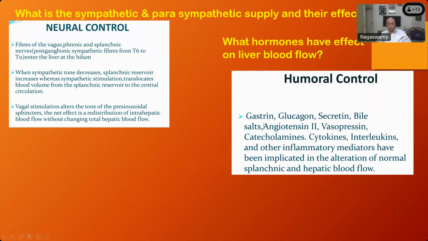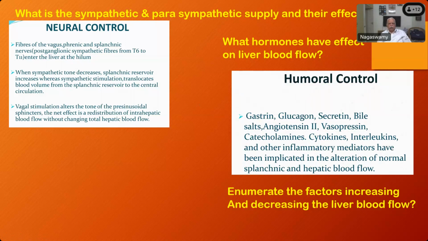So remember these hormones: gastrin, glucagon, secretin, bile salts, angiotensin 2, vasopressin, catecholamines, and cytokines and interleukins. All these things are the extrinsic control. They play a role mainly only in cases of emergency and not on a regular basis. The regular basis is the intrinsic factors like hepatic arterial buffer response, pressure autoregulation, and metabolic control.